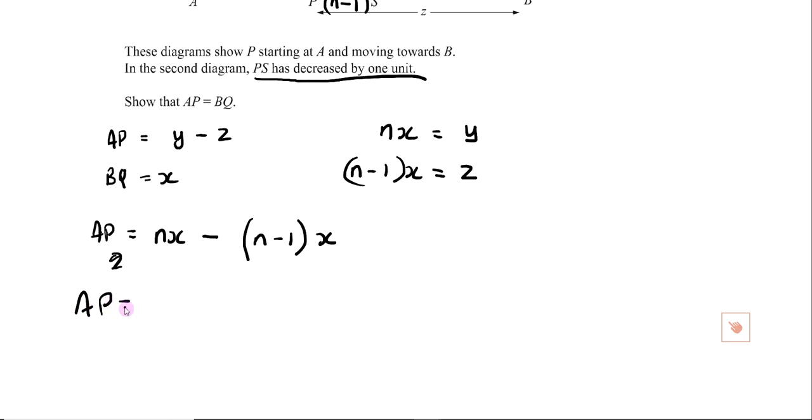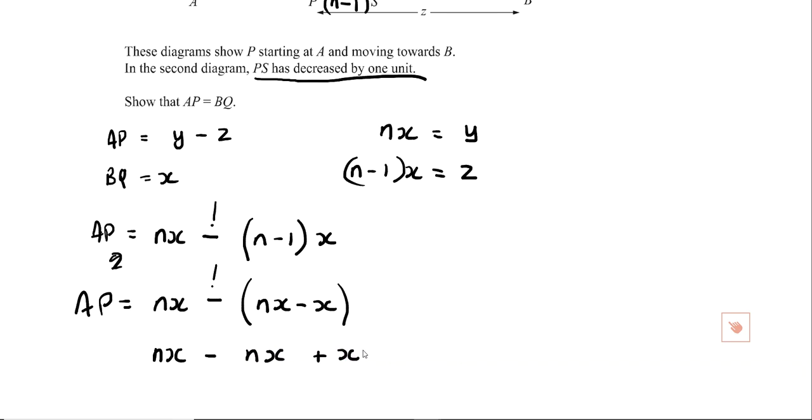So we've got NX, but then if we expand this, that's NX minus X. I've kept the brackets in because, remember, if we've got a subtract with a whole expression, you have to be very careful because it then becomes NX minus NX plus X, which is X. And therefore BQ equals AP. Yep, perfect. That's what we're looking for.